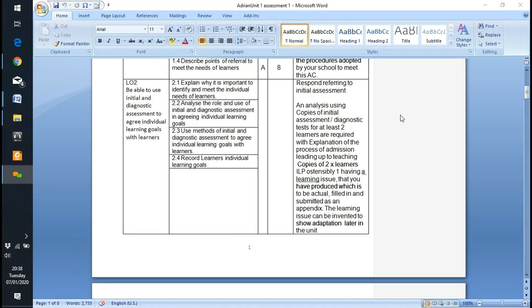Well, your college should have this documentation in place, and all learners, when they go on to any course, should have gone through at least the initial assessment part of it. Usually, the diagnostic is only used for functional skills, because the initial assessment will say perhaps, yes, you're at level 1 working towards level 2.